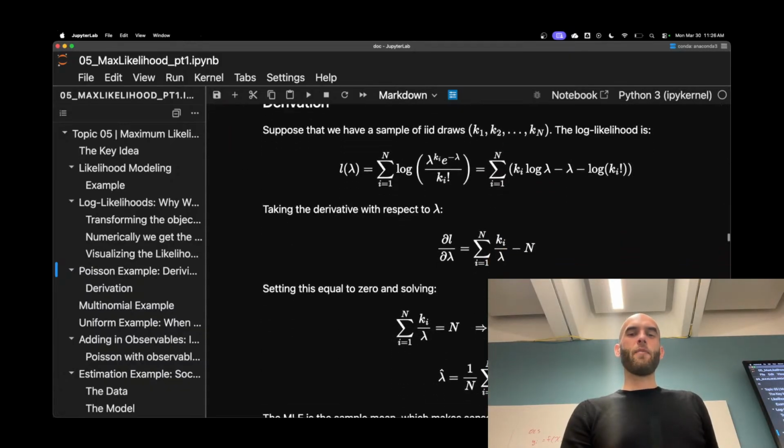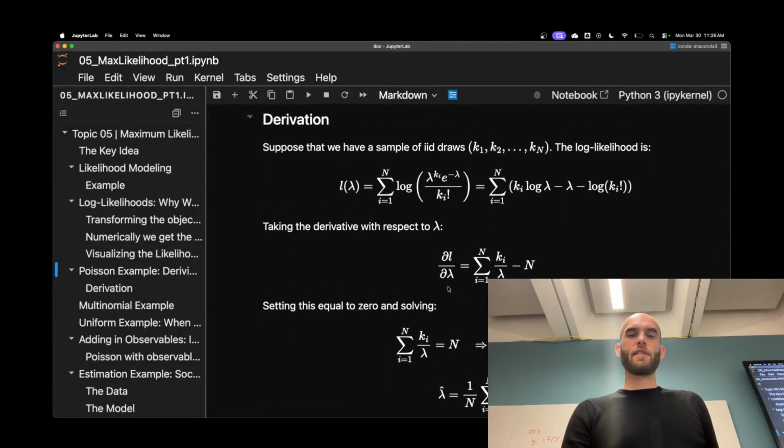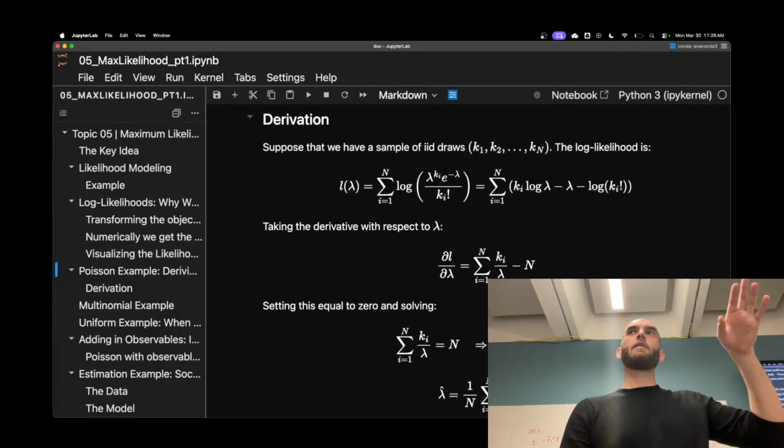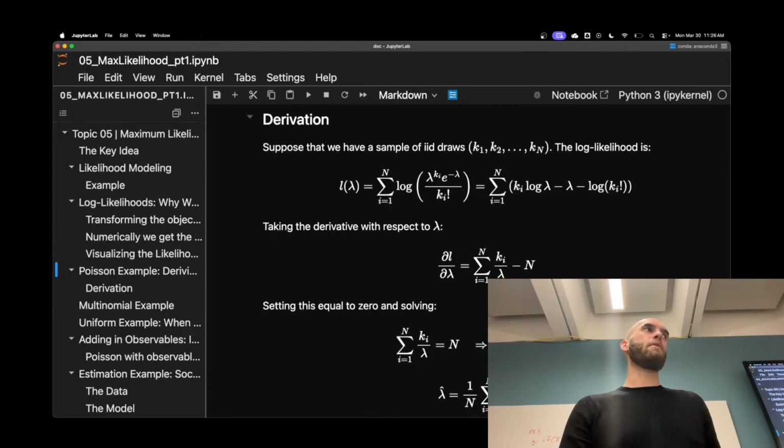So this can become our first order condition. We set this equal to 0 and then solve, moving n to the other side. Here we pull lambda out, since 1 over lambda is the same for each of the summed values.